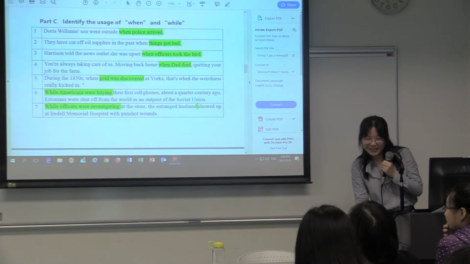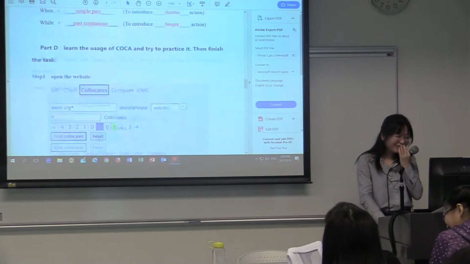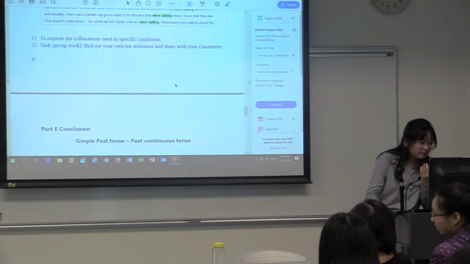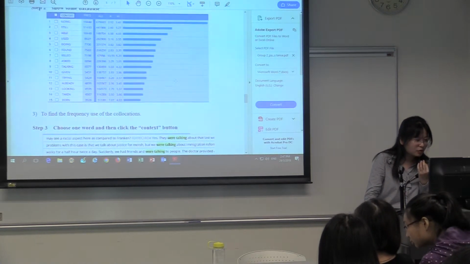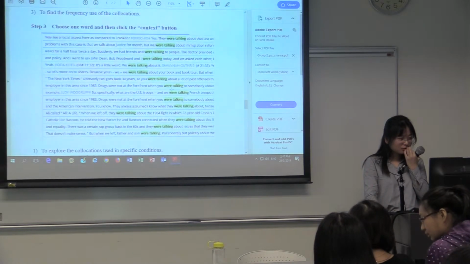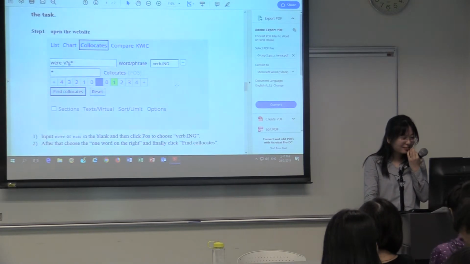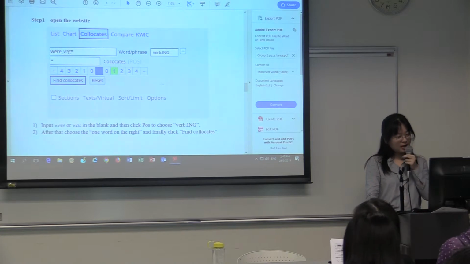Yep. Sorry, back to my question about collocation. Collocations, frequency of use. So in step 3, or maybe we look at step 1 to step 3, to see. Here you would like them to try to use the corpus tools, right? Yes.